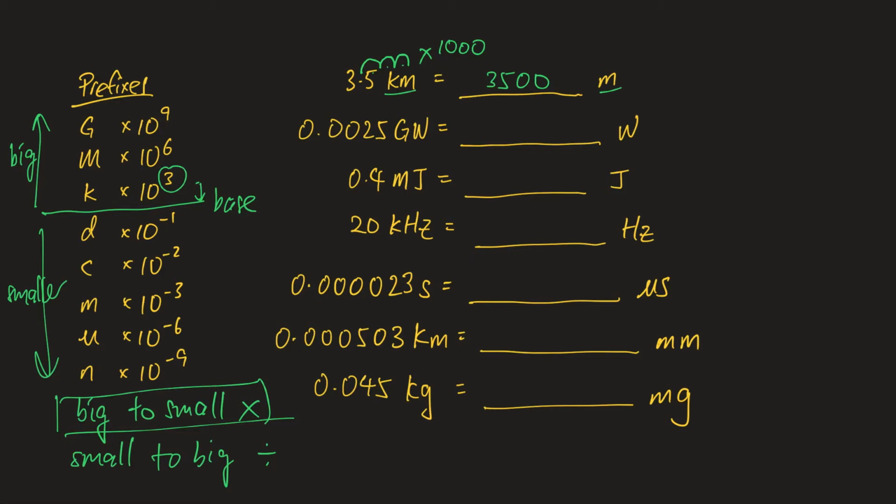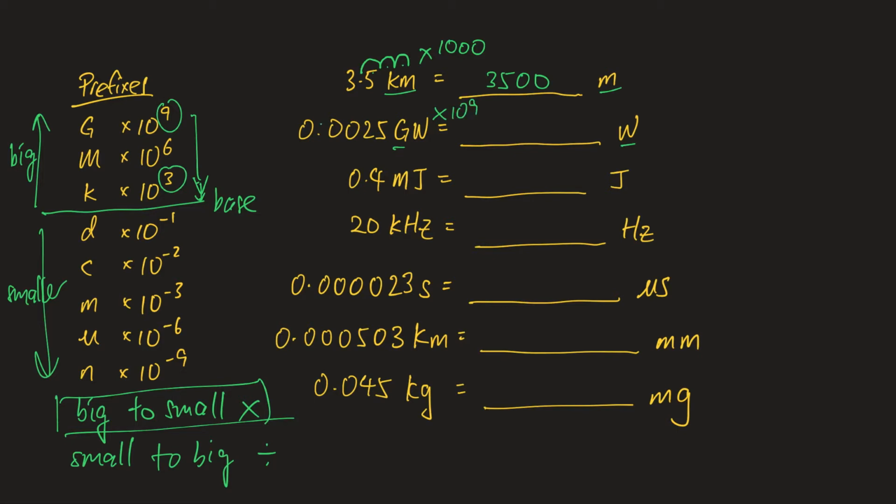Okay, another example, 0.0025 gigawatts. Maybe for now you do not know what is watts, but it doesn't matter. The watts is a physical quantity, so you just pay attention to the giga. So it's similar to gigameter to meters, like that. So once again, giga changed to the base here to watts, gigawatts to watts, so it's a big to small times, because giga is times 10 to the power of 9, so you basically times 9 zeros.